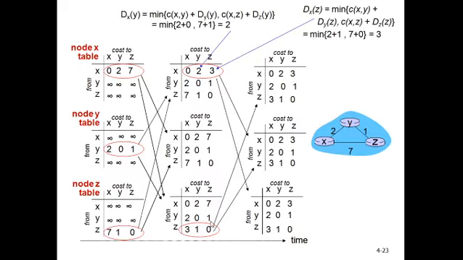Now after recomputing its personal information, you can see the change, from Z to X the cost is 3 now. Earlier it was 7.